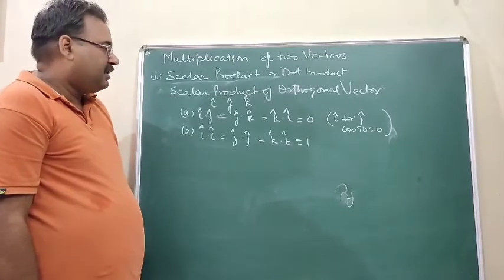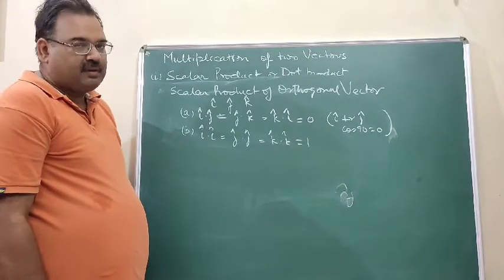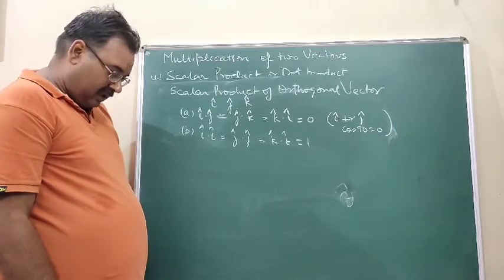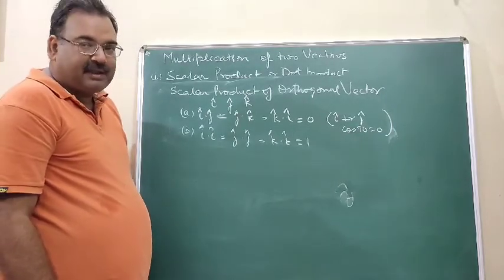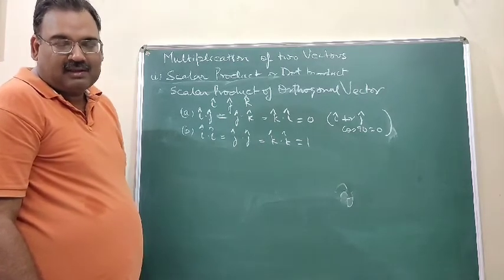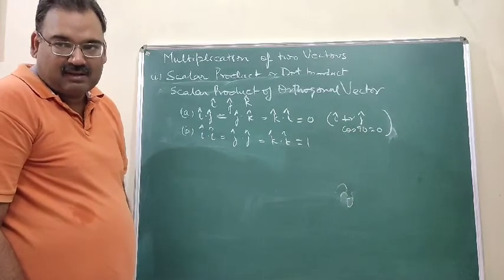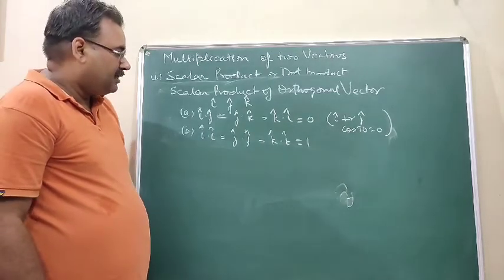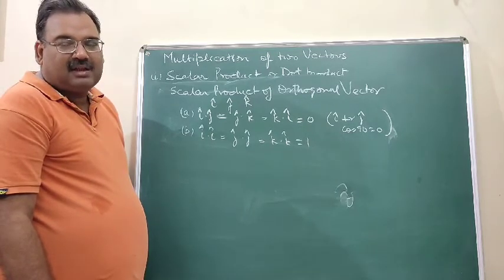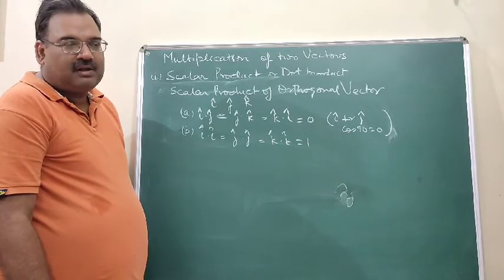Next we have the scalar product of orthogonal vectors. What are orthogonal vectors? Orthogonal unit vectors are I cap, J cap, K cap. They are along the x-axis, y-axis and z-axis. Okay. So we have discussed about it. Now we will multiply I cap to J cap or I cap to K cap.